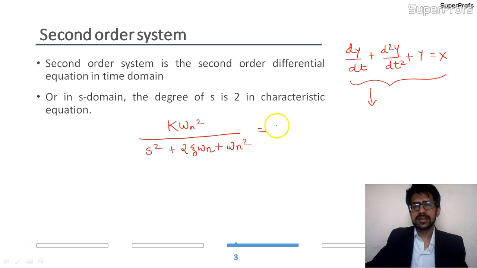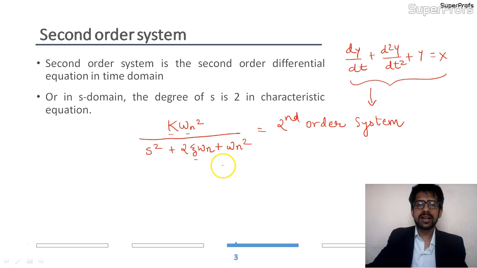As you can see, this is the second order system. The terms that I have used as k, omega n, zeta are some of the important characteristic parameters of a second order system. We will be studying them in the later slides. Just remember, k is a DC gain of second order system.